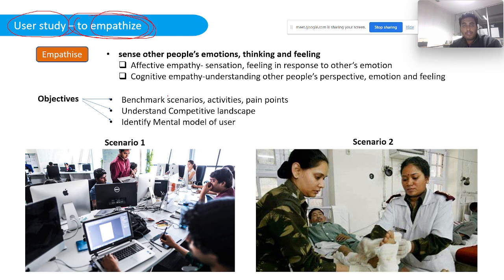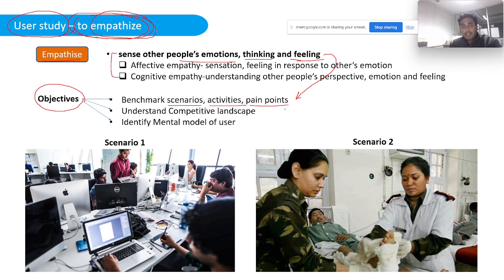Okay, so you do user study to get to know information about the user. Already we discussed that in a user study we empathize. That means you try to sense people's emotion, thinking and feeling. So here are the objectives. You try to see in what scenario a particular activity is happening, what are the set of activities, and what are the pain points a user encounters while performing certain activities or tasks.